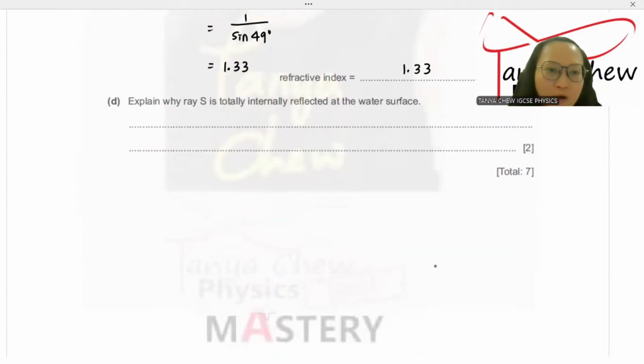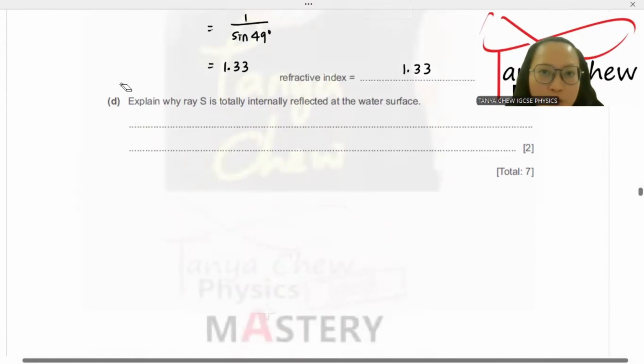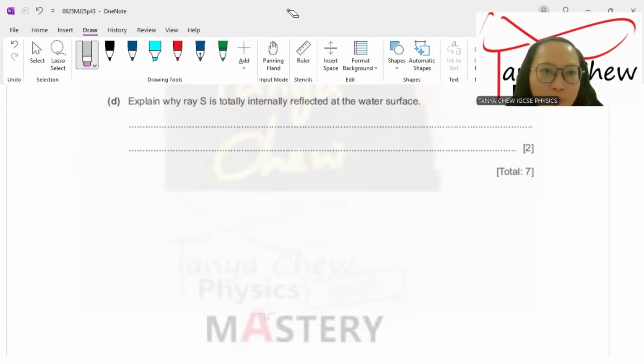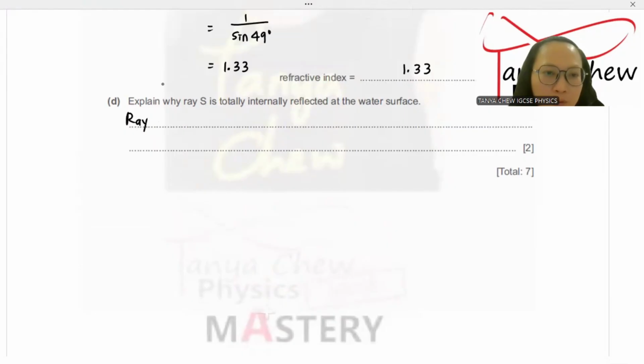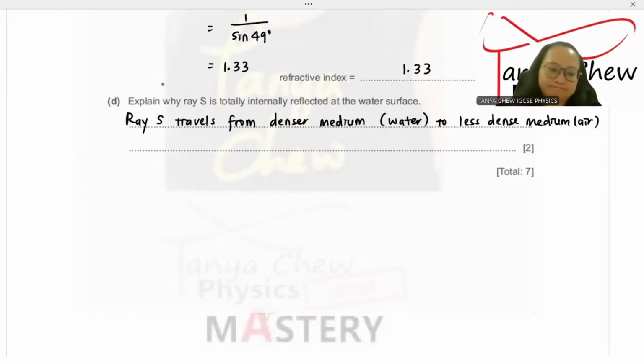So I'm going to write down: Ray S travels from denser medium, which is the water, to less dense medium, which is the air.